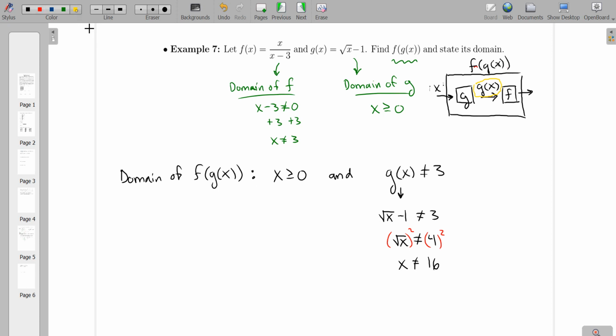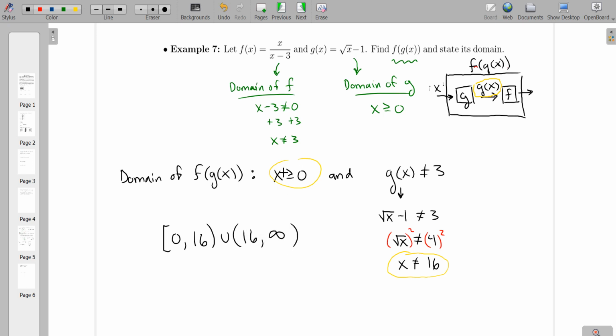So I put this fact, checking the inner function, together with this fact, and then that forms the domain of f of g of x. So from 0 up to 16, and then we pick things up again after 16 and go to infinity.